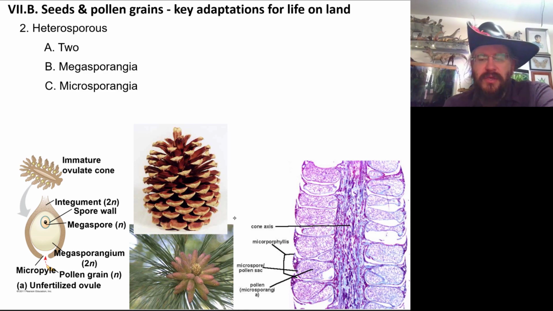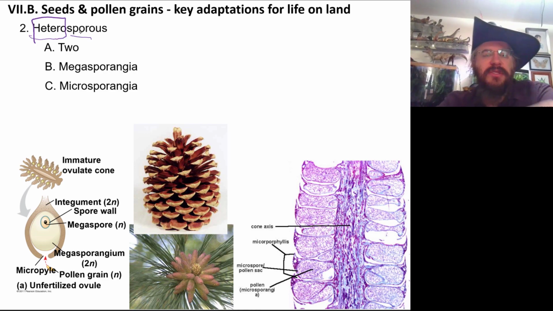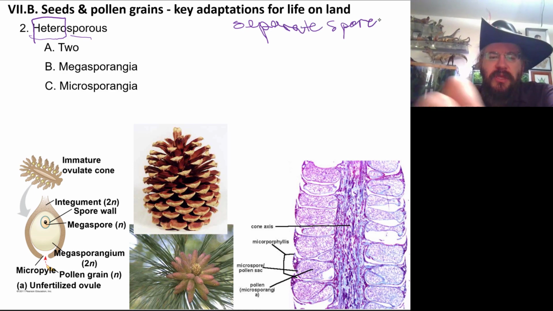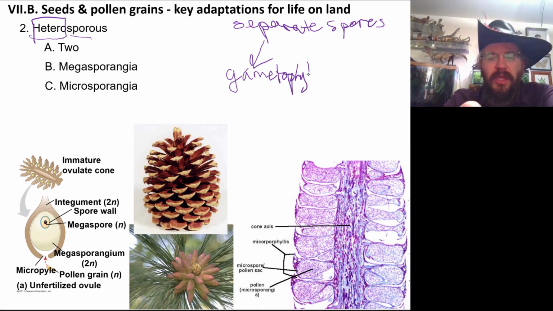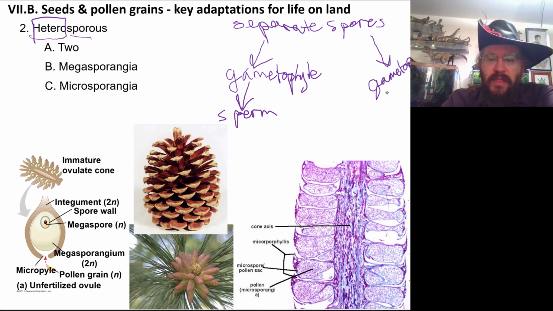Okay, so let's go into heterospory. Hetero, different spores, kinds of spores. So, separate spores for producing sperm. So, the gametophyte that produces sperm, and the gametophyte that produces eggs.